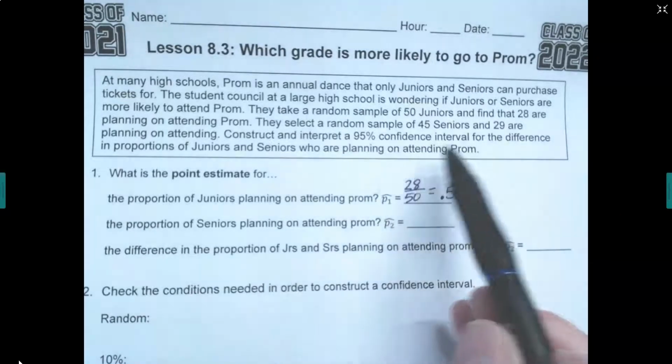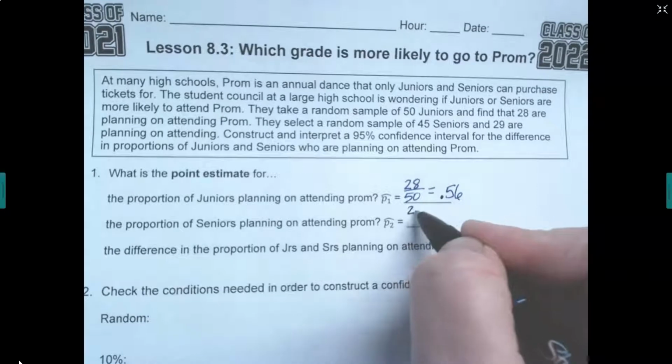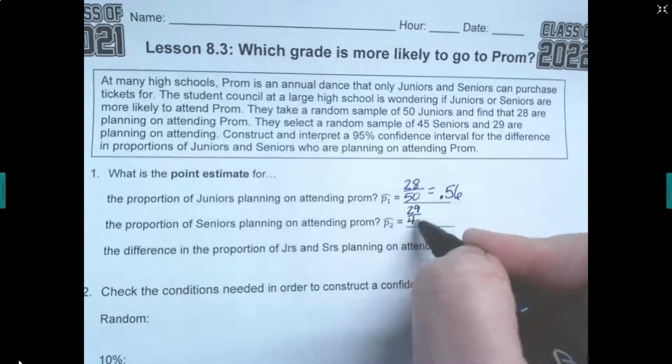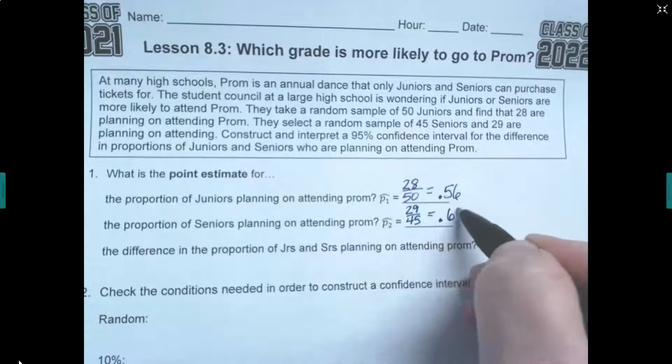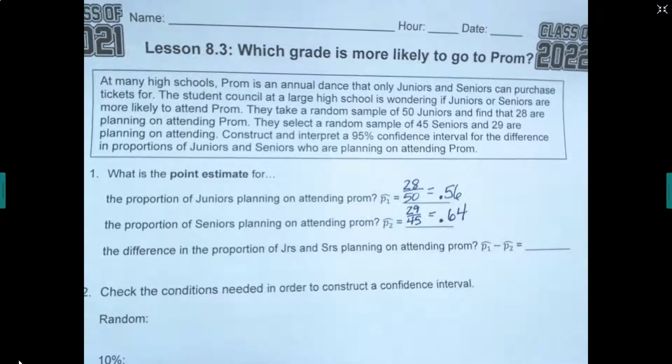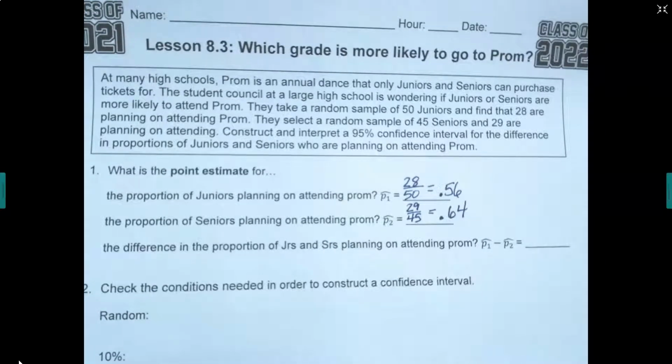Then they have a random sample of 45 seniors and 29 are planning on attending prom. So 29 divided by 45 gives us a p-hat of 0.64. So they want us to construct and interpret a 95% confidence interval for the difference in proportions of juniors and seniors who are planning on attending the prom.